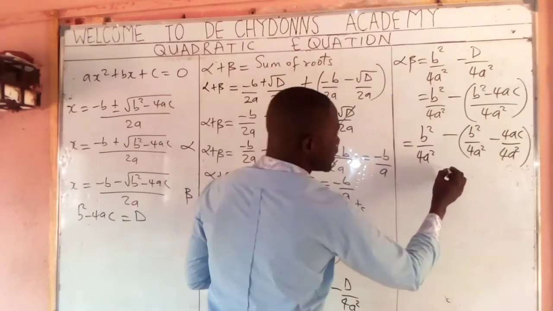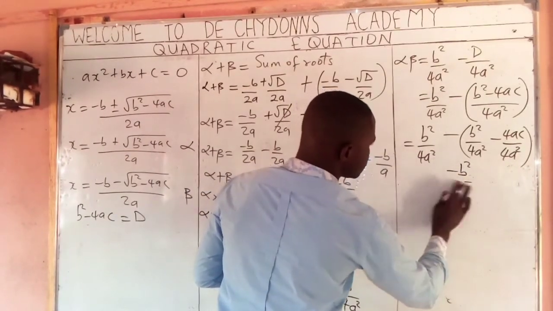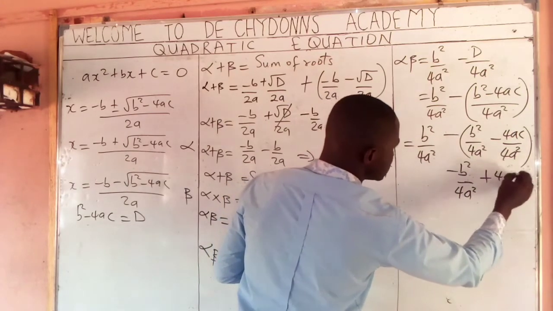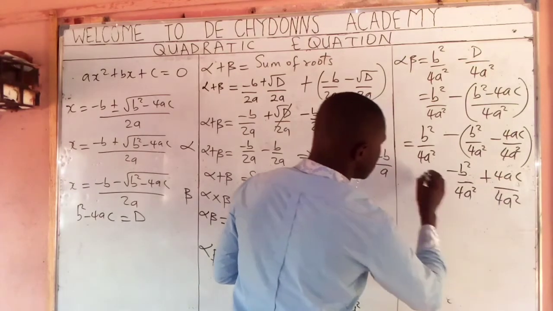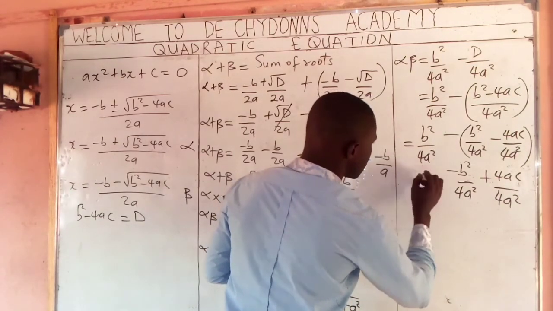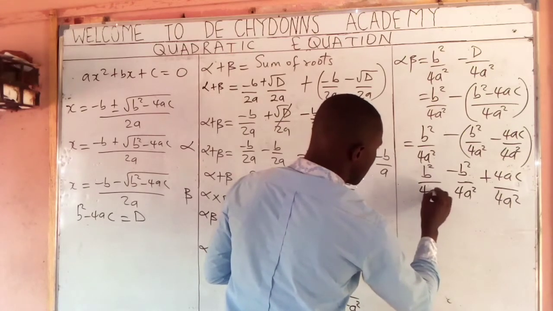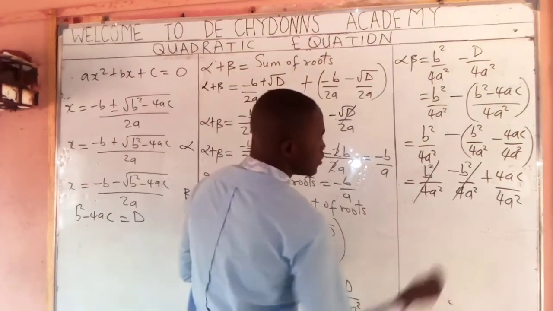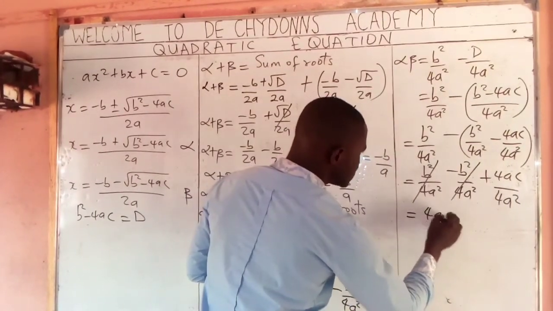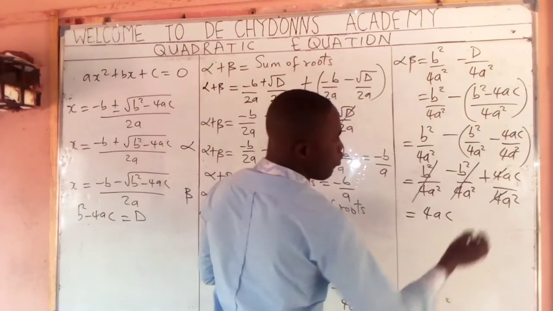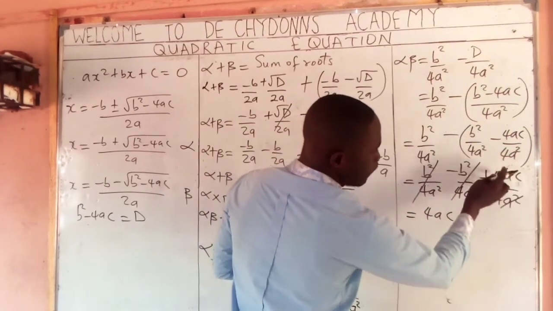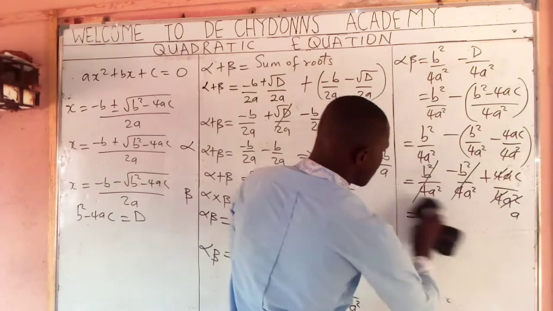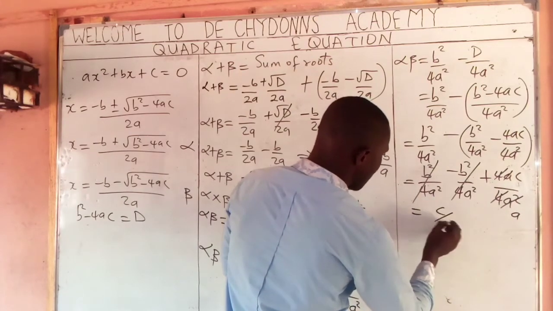Then minus times is minus b squared over 4a squared, minus times is plus 4ac all over 4a squared, b squared all over 4a squared. So this we cancel because they are different signs. Then we'll be having 4ac over 4a: 4 divided by 4 is 1, a divided by a remains 1a. That will be giving us c over a.